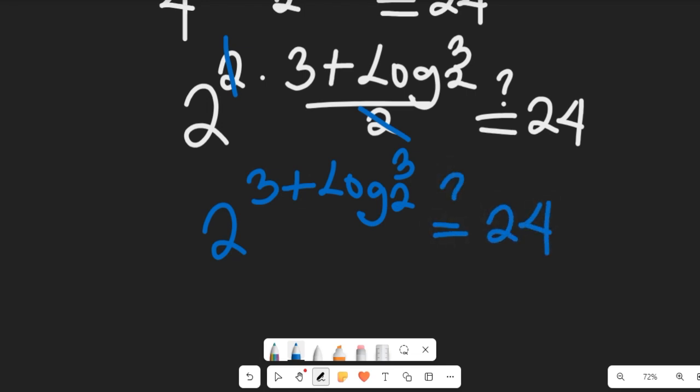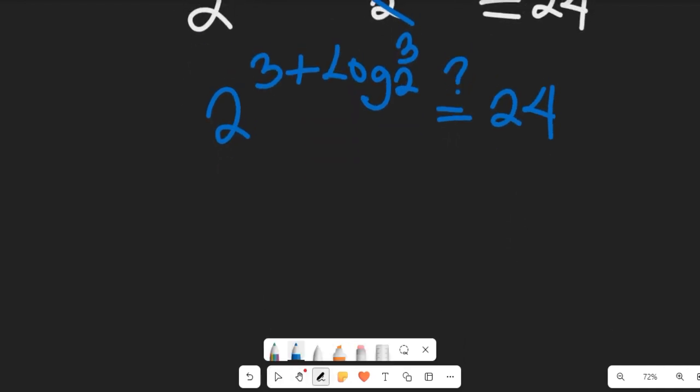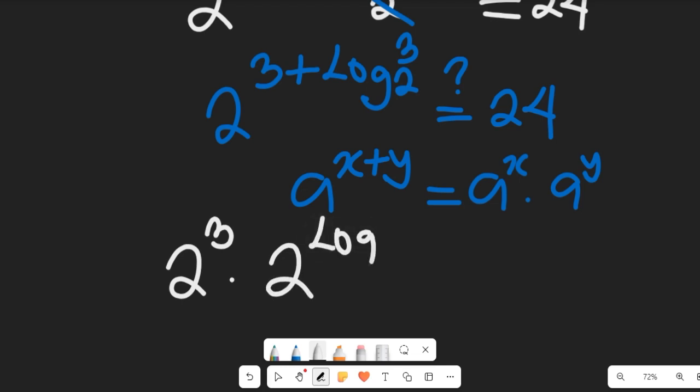Now, can this give us 24? Remember one simple rule in indices, that if you have a to the power of x plus y, this can be equal to a to the power of x multiplying a to the power of y, right? So if we apply that there, we're going to have this to become 2 to the power of 3 multiplying 2 to the power of log of 3 base 2. And will this be equal to 24?